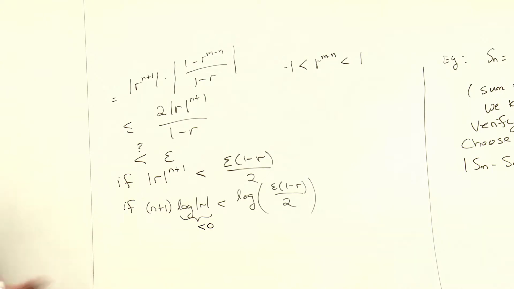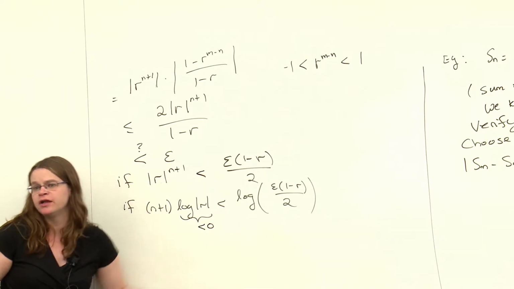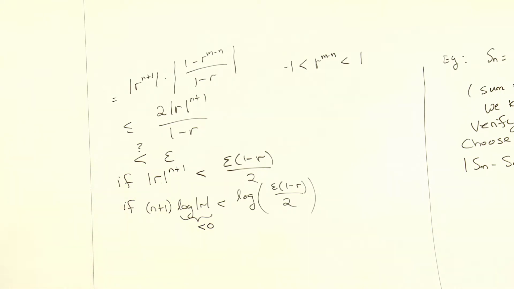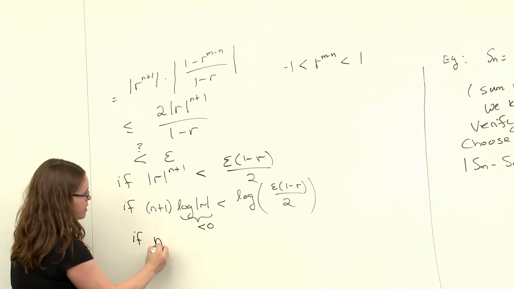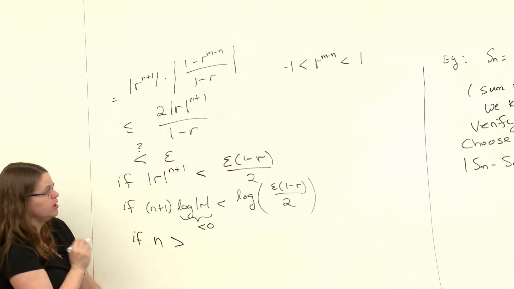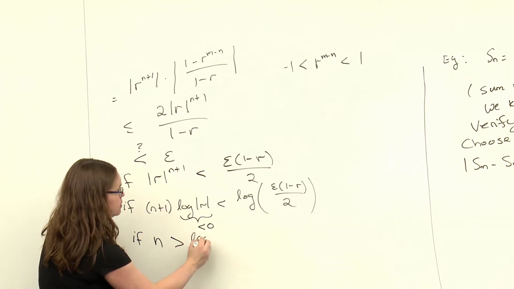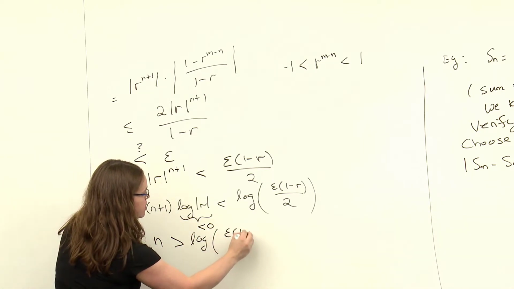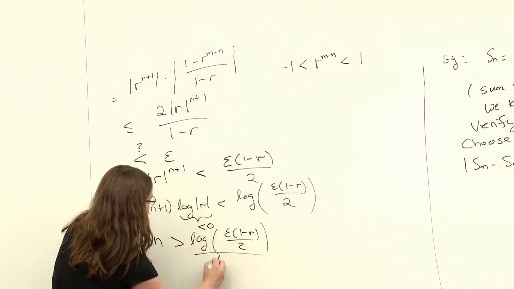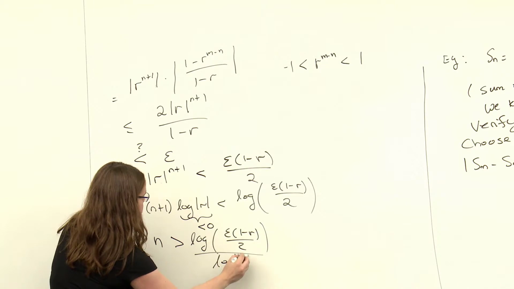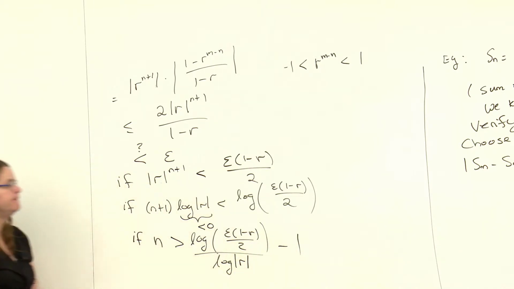So that means when I divide it out, this inequality is going to flip. That's important. So this is true if n is bigger than, now the inequality flips, log of all of this, divided by log of r, and then I'll subtract off the 1.